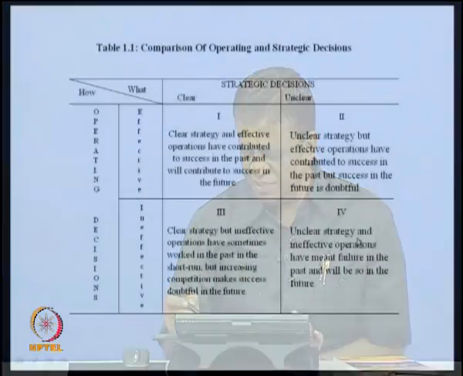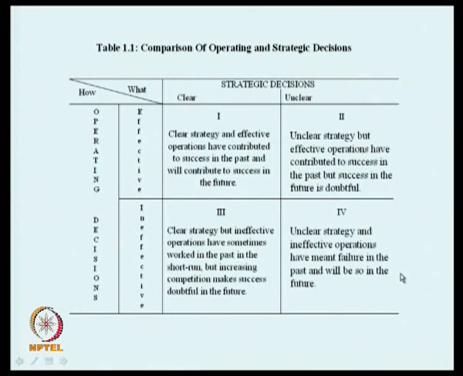So, all these things mean that not only the product should be good, the operations of the product should be such that the market can access your product, that is the delivery to the market also has to be effective. So, this is the fourth quadrant. You have an unclear strategy and ineffective operations. They have meant failure in the past and will be so in the future.